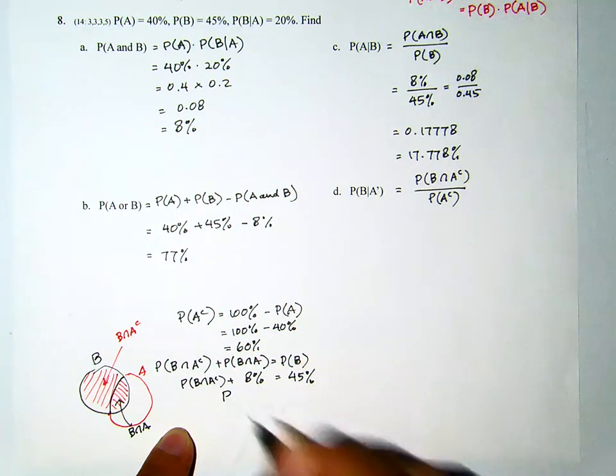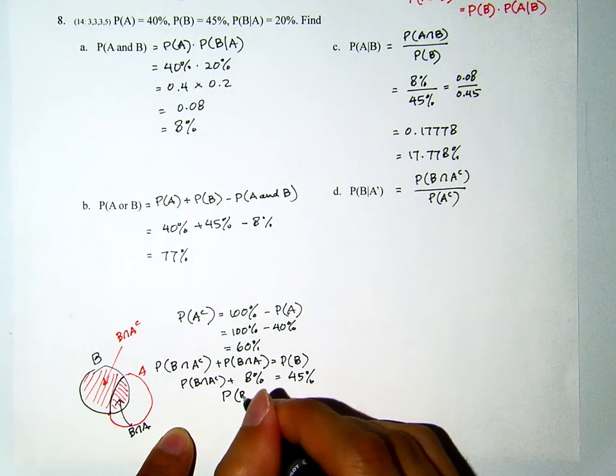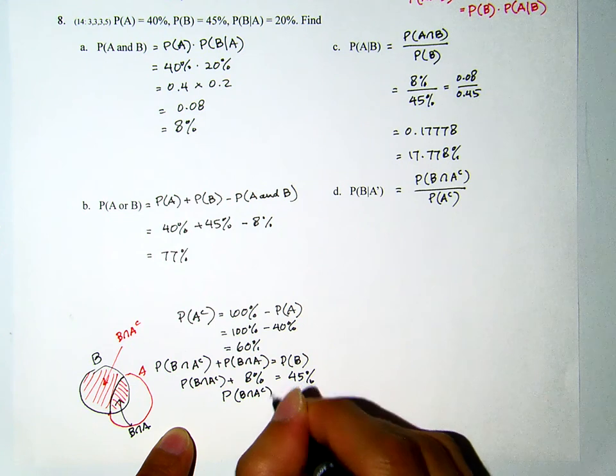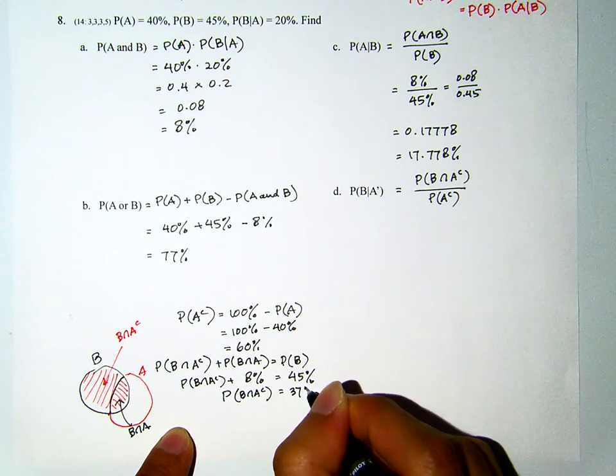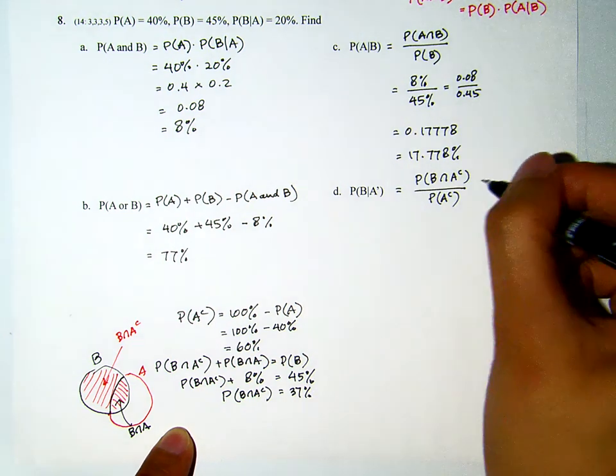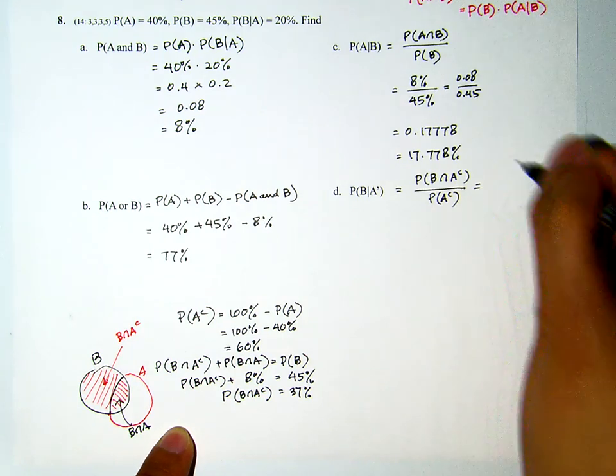Then probability of B intersect A complement will be 37%, right? So we now have all the building blocks necessary for that question.